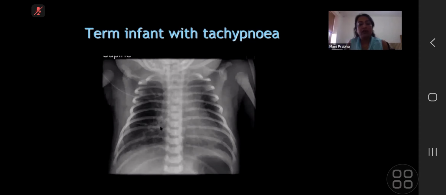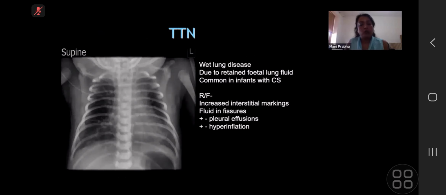Streaky opacities, rather than describing them as reticulogranular, because reticulogranular opacity is a term reserved for hyaline membrane disease and shouldn't be used for other diseases. So in TTN, what's going on? It's a wet lung disease, due to retained fetal lung fluid, and is common in infants born by cesarean section.